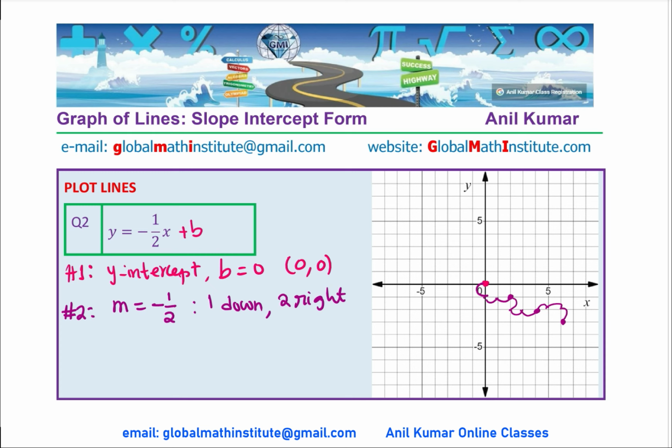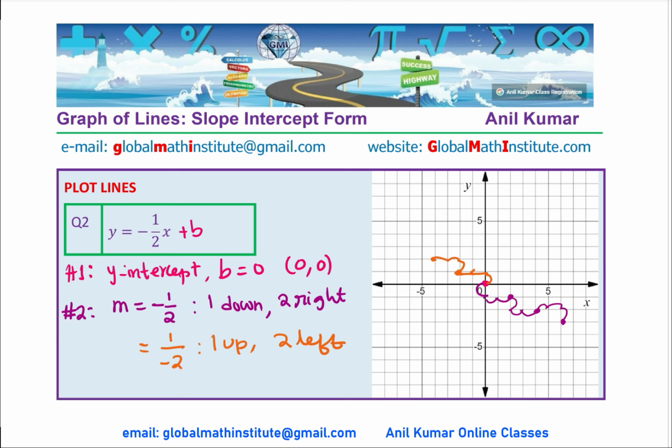Also think like this. Minus half also means you could think about 1 over minus 2. It is also the same, right? That means I could go 1 up and 2 left. Is that okay? So I could go 1 up from the y-intercept and 2 left. 1 and 2. So I get a point. 1 up, 2 left.